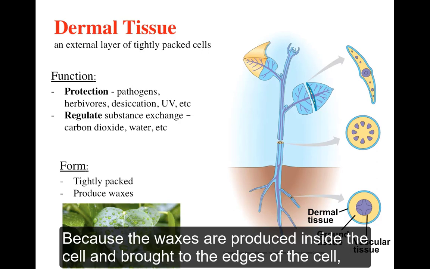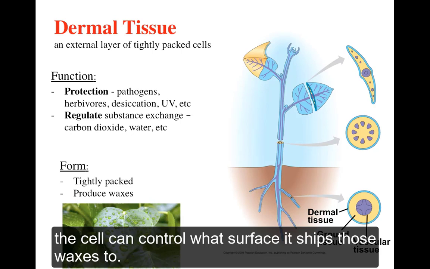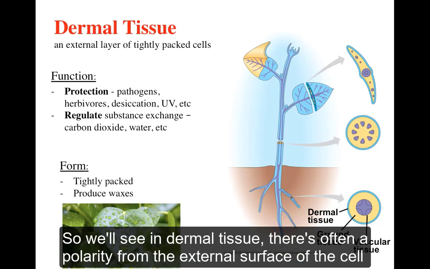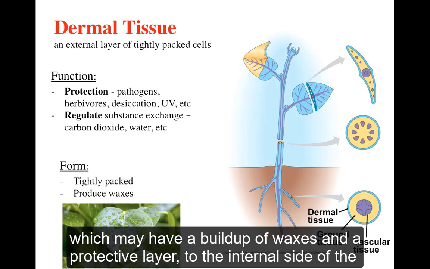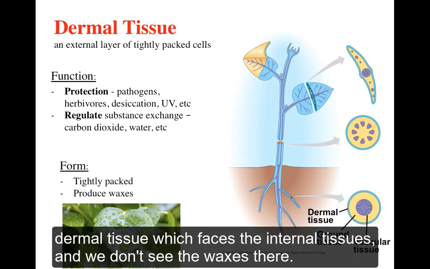Because the waxes are produced inside the cell and brought to the edges of the cell, the cell can control what surface it ships those waxes to. And so we'll see that in dermal tissue, there's often a polarity from the external surface of the cell, which may have a buildup of waxes and a protective layer, to the internal side of the dermal tissue, which faces the internal tissues, and we don't see the waxes there.